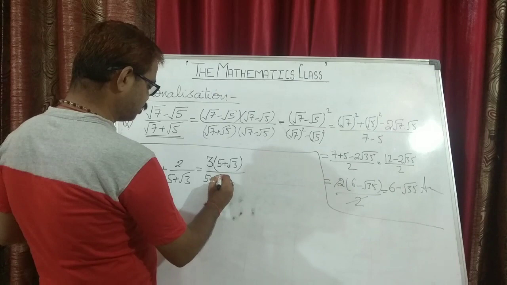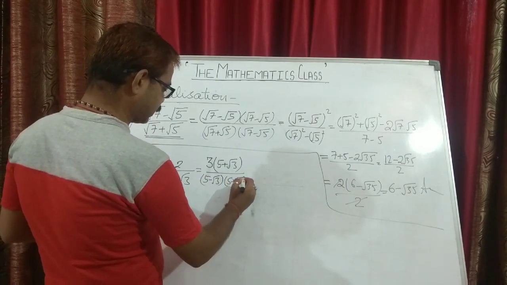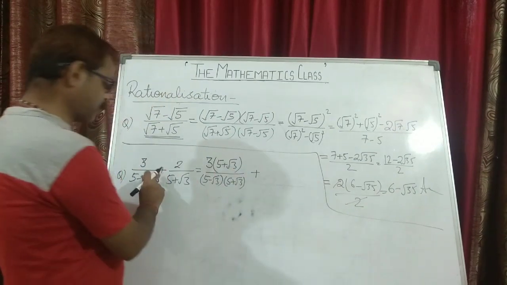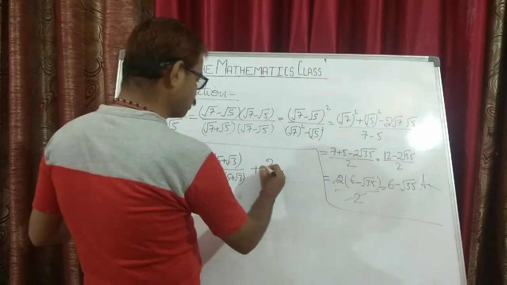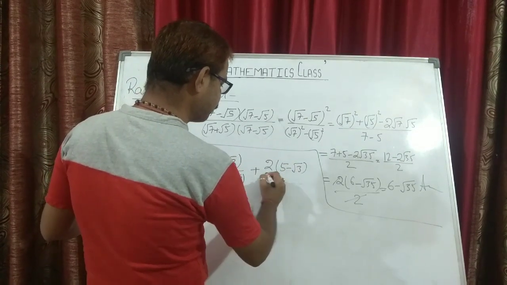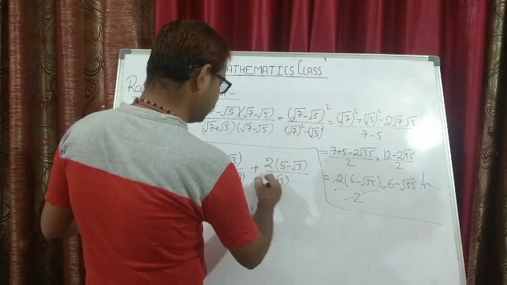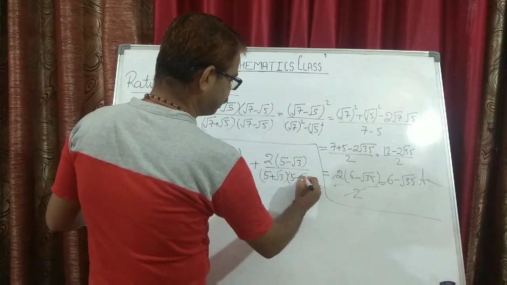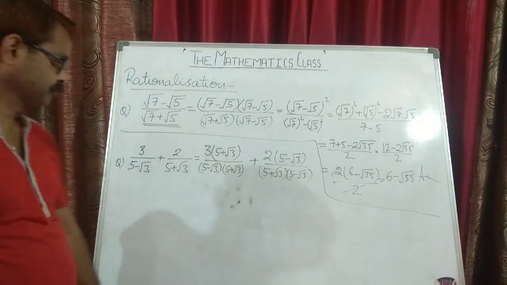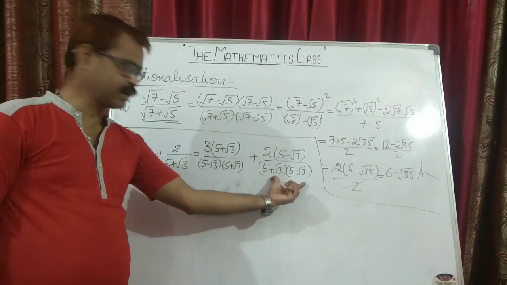5 minus root 3 into 5 plus root 3. Then there was a plus sign, so I made a plus sign. Then 2 times 5 minus root 3 upon 5 plus root 3 into 5 minus root 3. This is a square minus b square and a square minus b square.